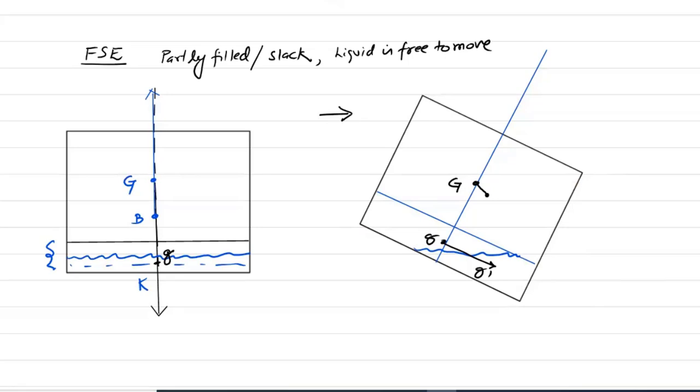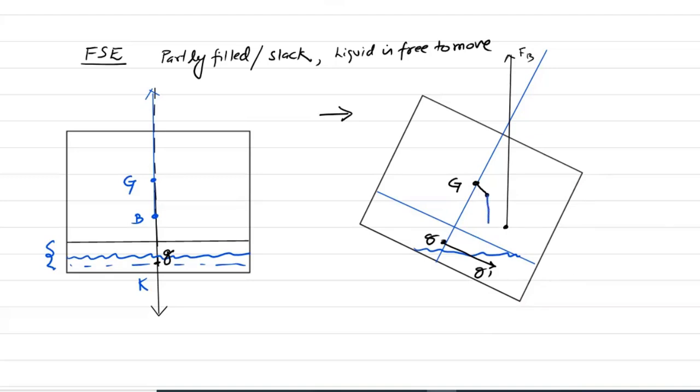So if this was solid, what would have happened? The force of buoyancy acts upward here, and force of gravity acts downward here. But because of the shift, the g has shifted, so I'm just removing it.